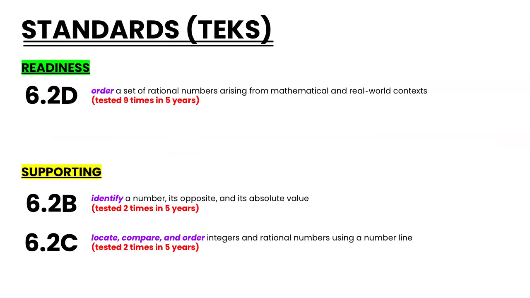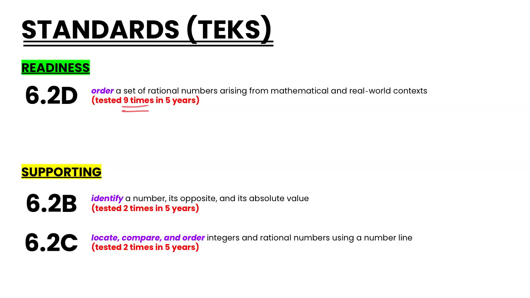Here is a closer look at the standards, or the TEKS, that are associated with those learning objectives. What you'll notice is that the readiness standard 6.2D has been tested 9 times in the last 5 years. So you can expect that TEK to show up about 2 times on every STAR test. The supporting standards that we're going to focus on in this video have only been tested 2 times in 5 years.